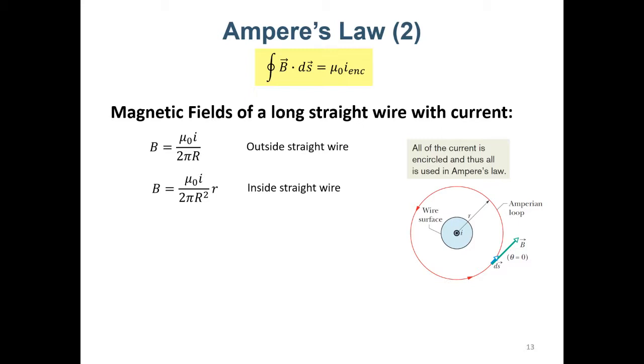So using Ampere's law, we can calculate even more complicated situations: the magnetic field of a long wire with current. So suppose we have a wire. The radius of this wire is small r.